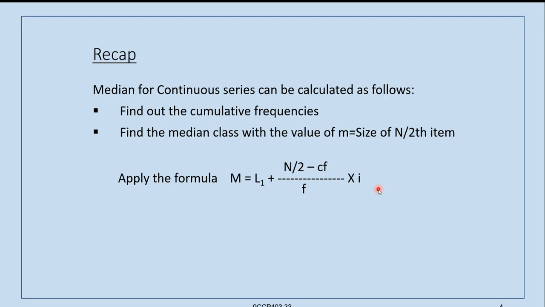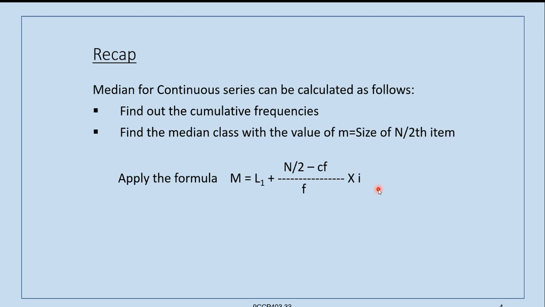where L1 is the lower limit of the median class, which is calculated by n by 2, and n by 2 is sigma f, that is total frequencies divided by 2, minus Cf.